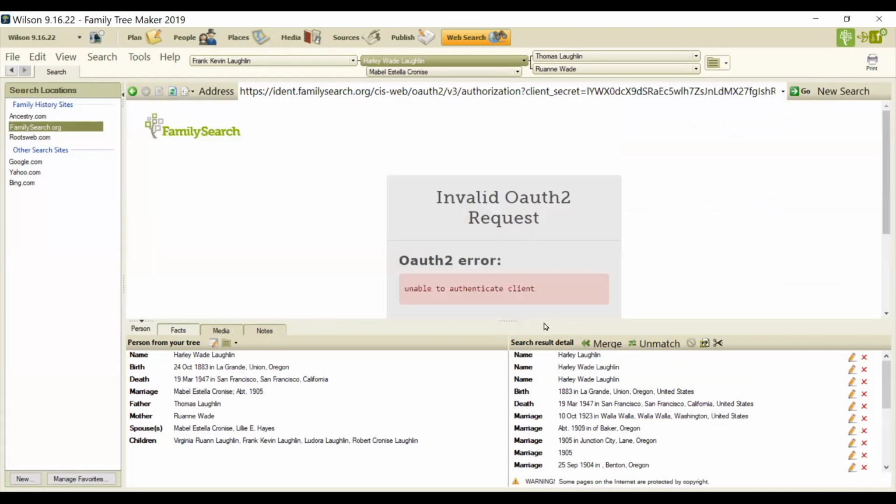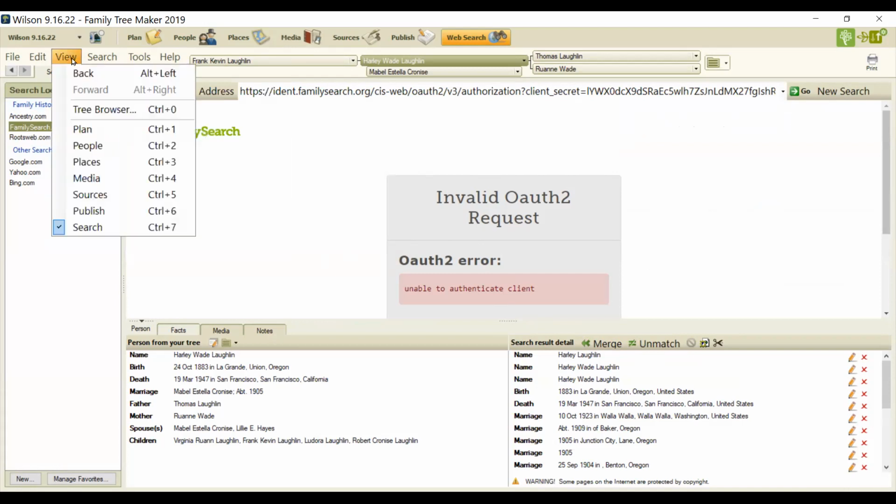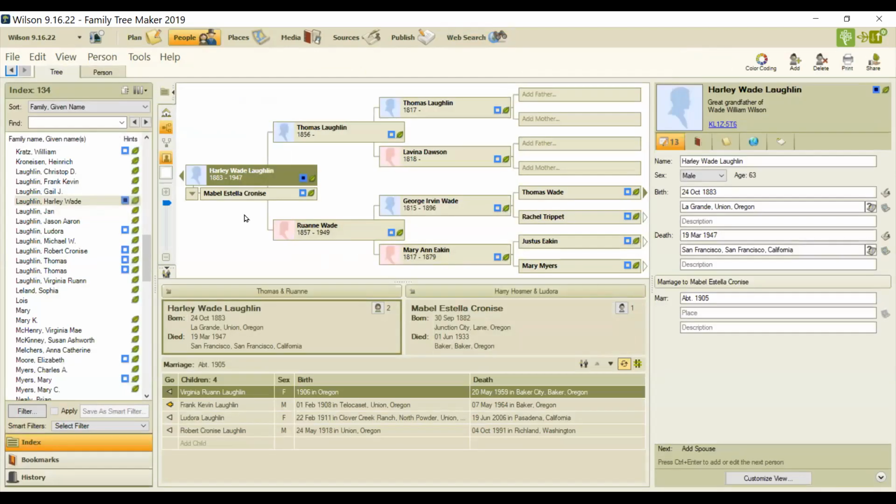So now I have a code number for this person in FamilySearch, which means I can always track the information in FamilySearch that relates to this person. We'll ignore that for the moment. Okay.